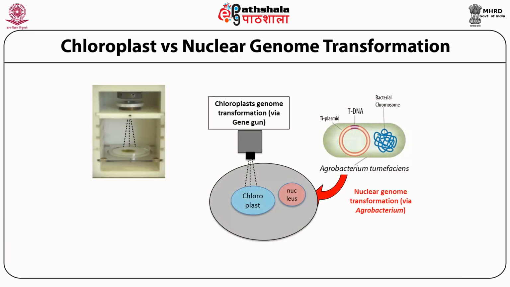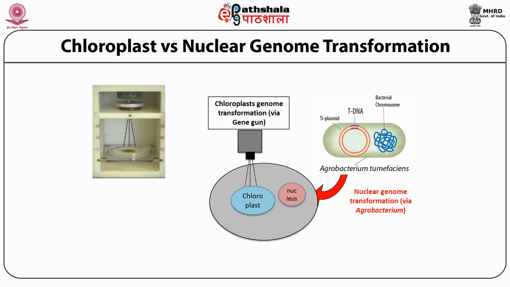Chloroplast versus nuclear genome transformation. We can do chloroplast transformation in different ways. First, if you want to do it directly, we can use the gene gun or electroporation of isolated cells, like protoplasts, where you can also use PEG or a different method to insert your genes.